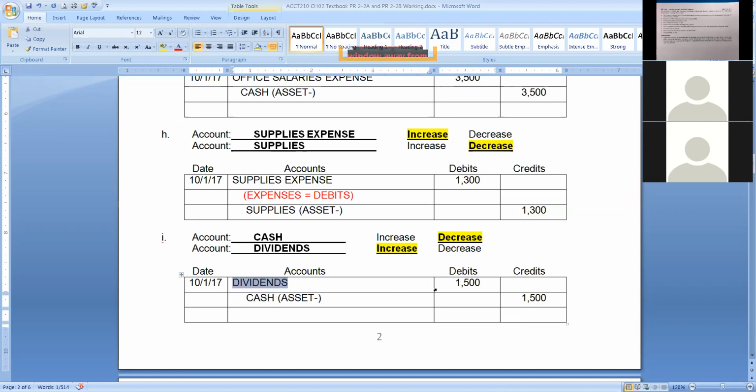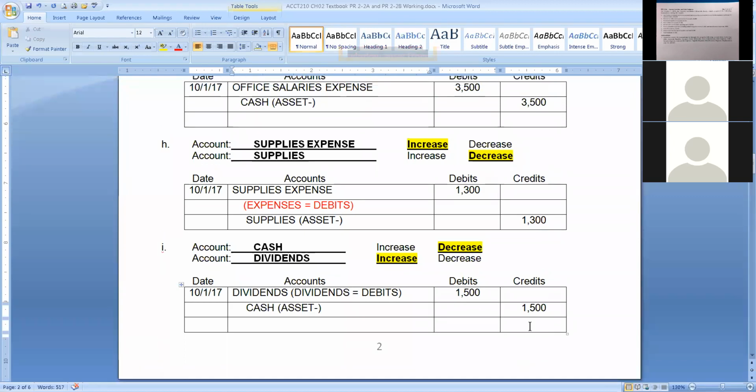So dividends are always debits. Putting this equal sign in is a funny way of saying it because it isn't like these two are interchangeable, but dividends are always debits. So that's kind of my point.